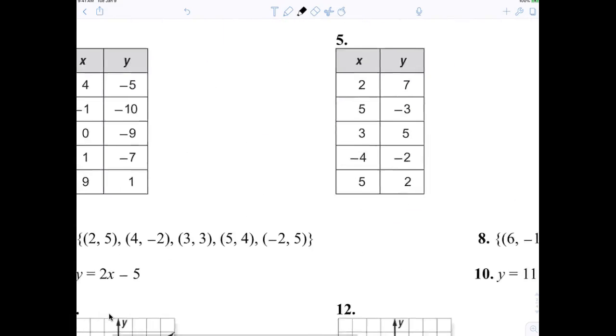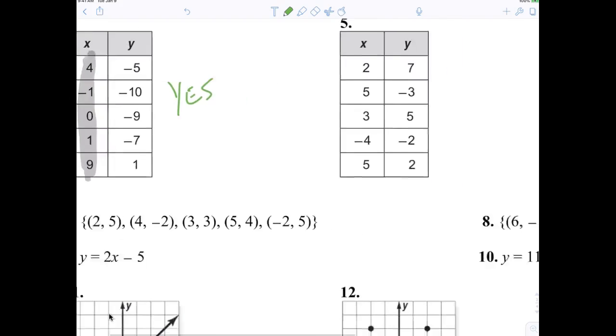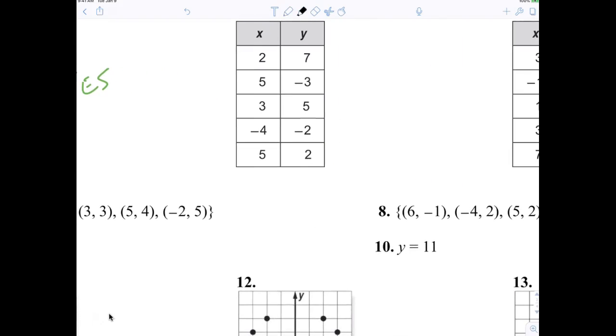All right, so here we go. Let's see how good we're doing. Look here. Yes or no? Yes or no?